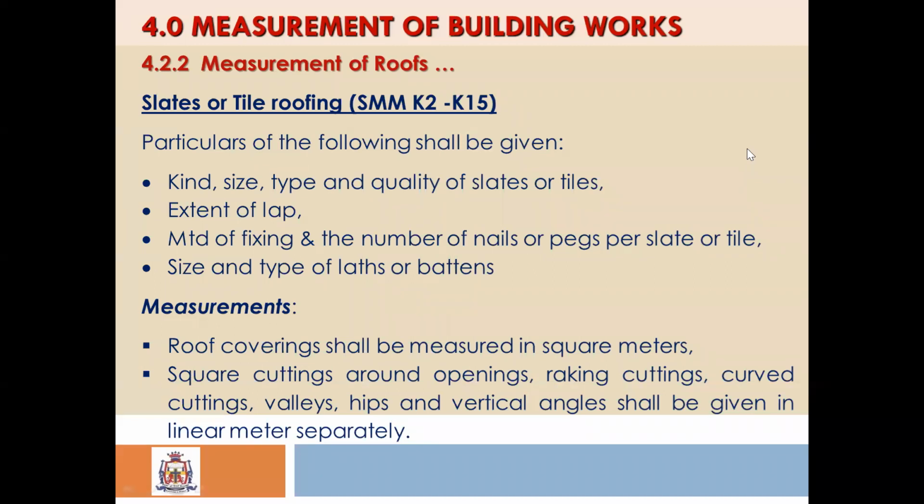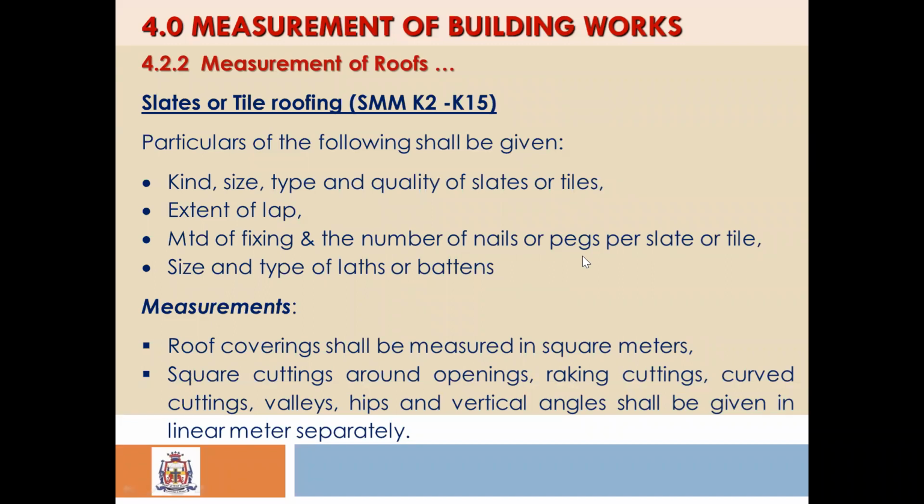Sometimes we may require nails, sometimes we may just place them on buttons. And then you shall also state the size and the type of lathe or buttons. And I hope these are all very clear and vivid in your minds.